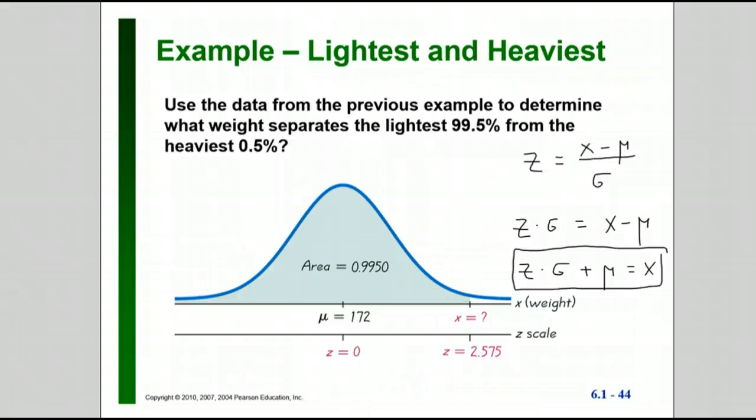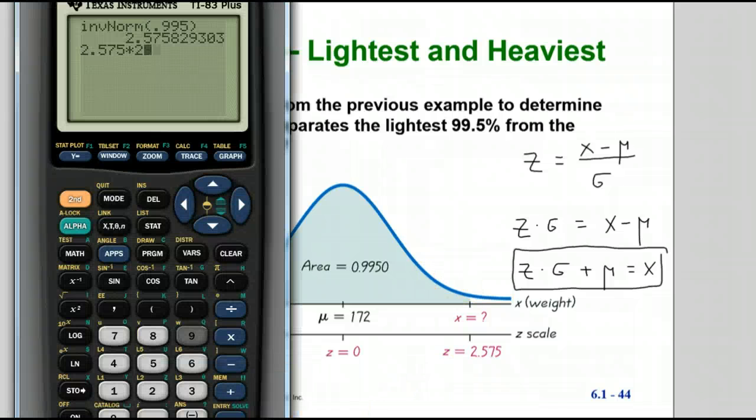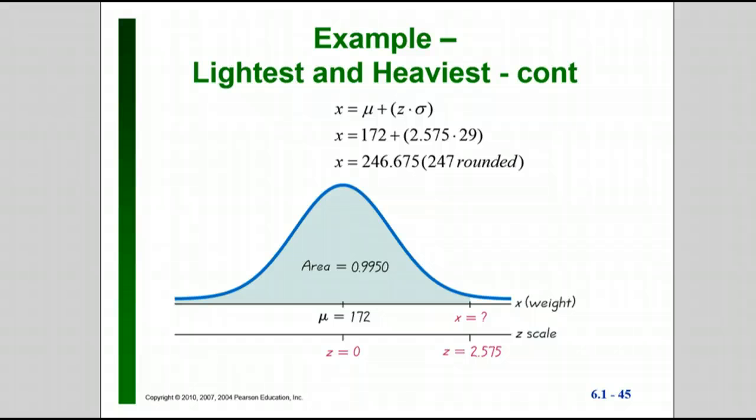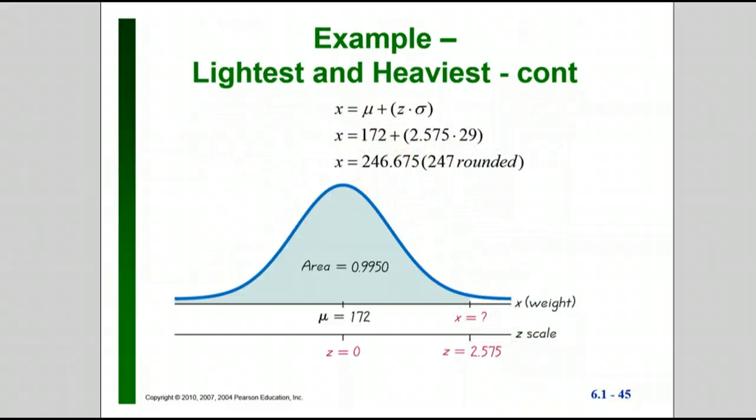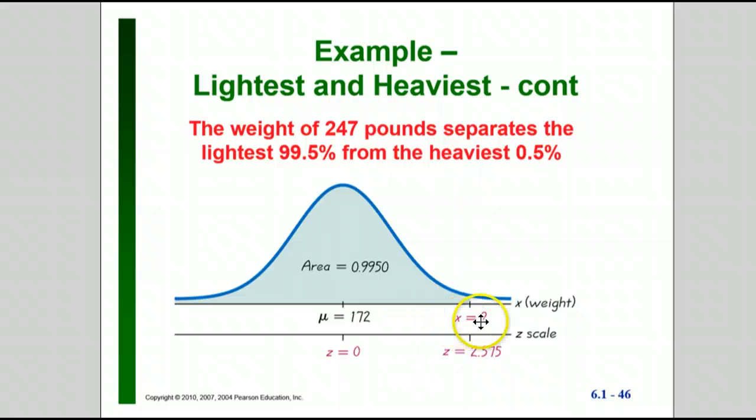So I can multiply that by 29 and then add the mean of 172, and I get 246 point roughly 7. Alright, there's my work, and that means the number that goes down here is roughly 247 pounds.